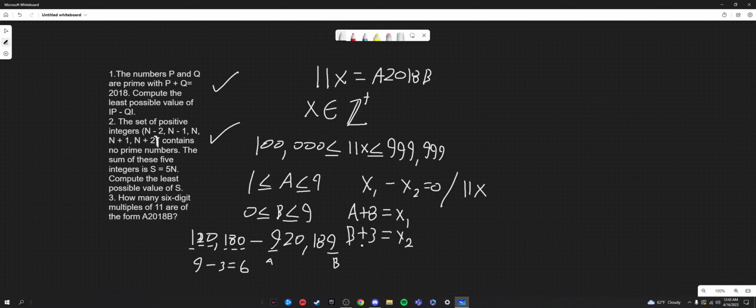Now if we plug these new values in for our x1 and x2, we'll have a plus 8 minus, oh, this is b plus 3, and this will equal 0 or a multiple of 11.